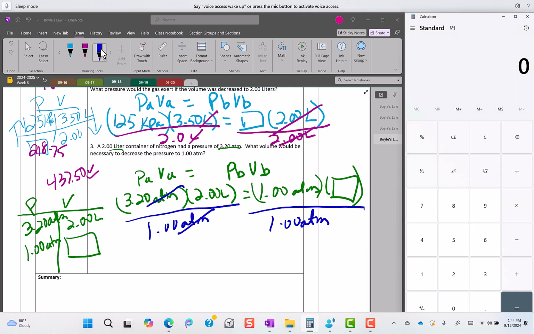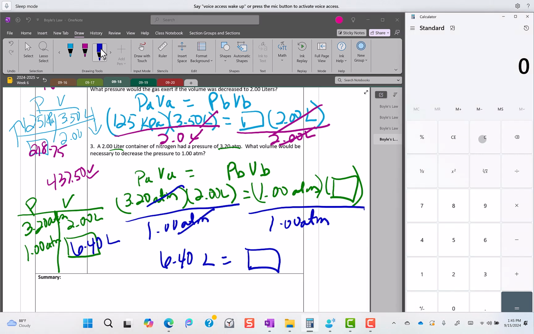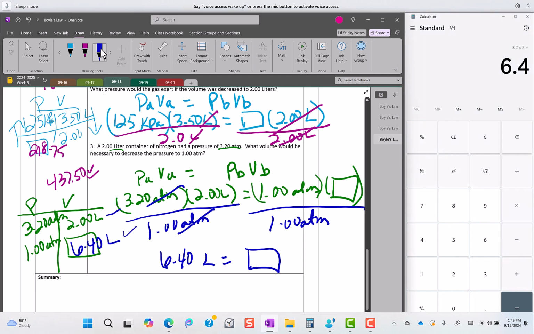So if I just multiply 3.20 times 2.00, it's going to be 6.4 divided by 1. 6.40 liters is what we need to get it down to 1 atmosphere. All right, let's double check. So 3.20 times 2 is 6.40, and of course 1 times 6.40 is 6.40 also, so we double check those.